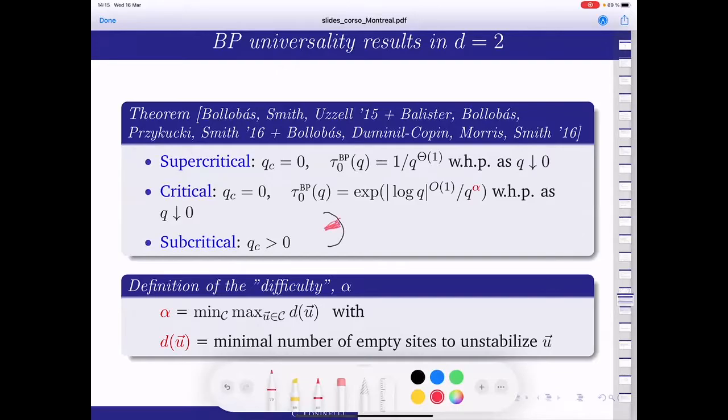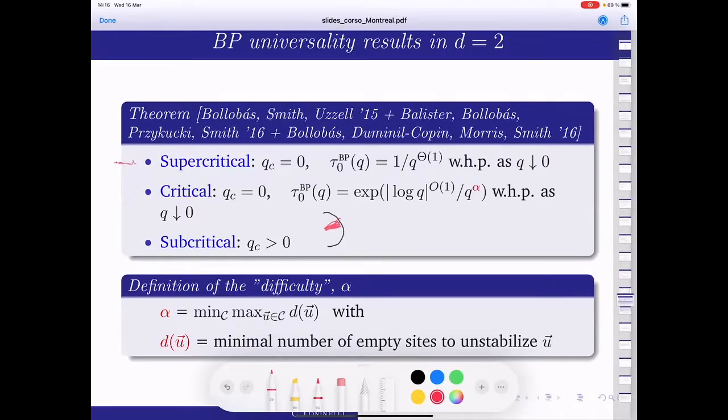In this case, the model has a positive critical density, which means that there is a critical density larger than 0 below which blocked clusters, backbones, which are blocked under the bootstrap, percolate. So this critical density is the critical density of bootstrap percolation, the one at which backbones percolate.